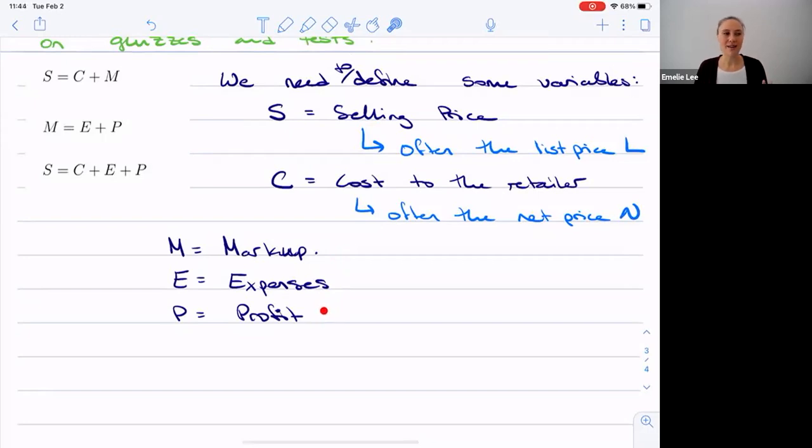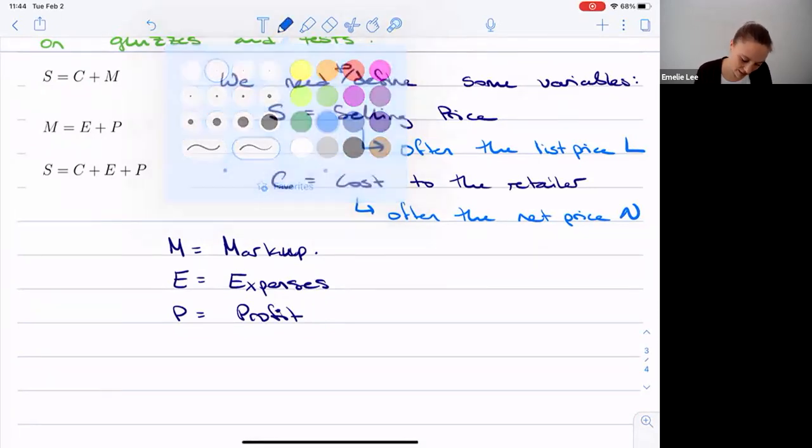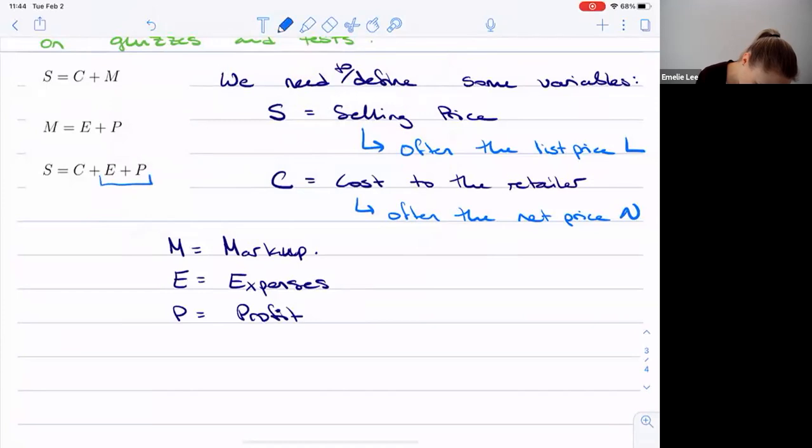So what you'll see is that we've just really broken this thing down and said, okay, the selling price is the cost plus the markup. Okay, I think we're all there kind of intuitively. And then the markup, well, when I say it, has to cover your expenses and profit. Okay, yeah, sure, makes sense. So then what have we done here?